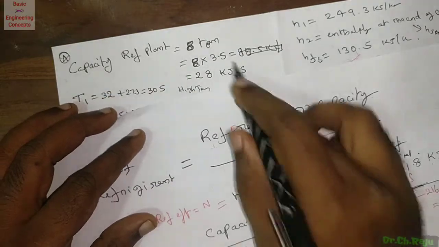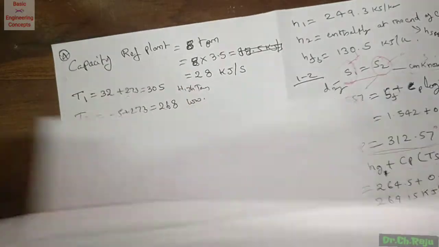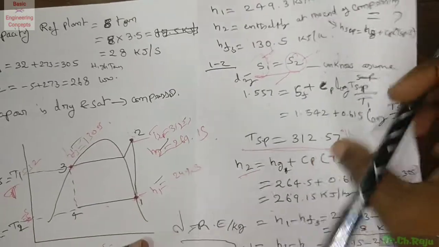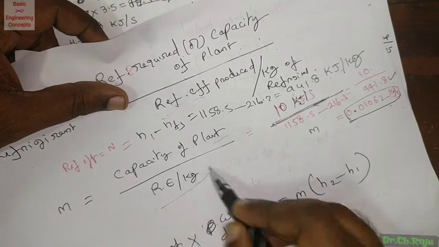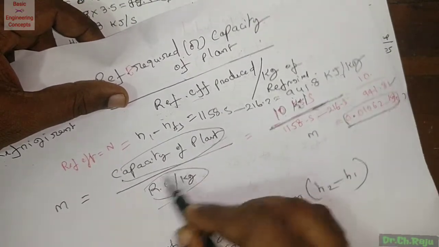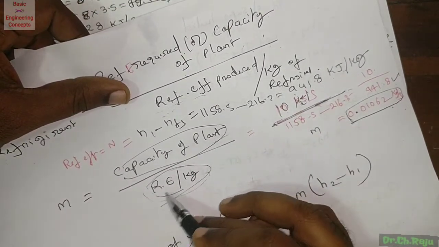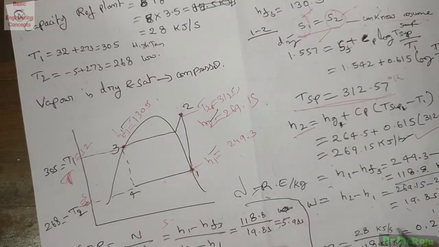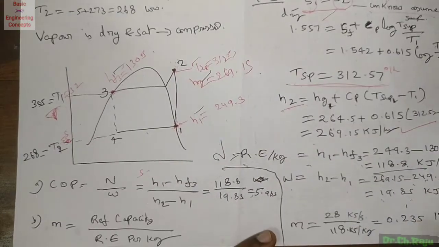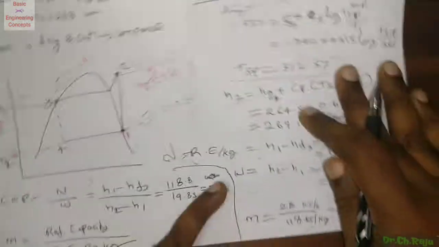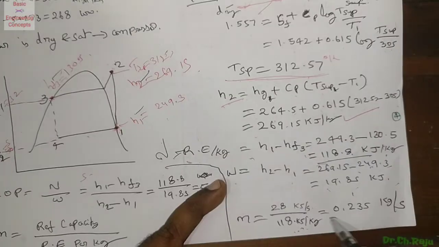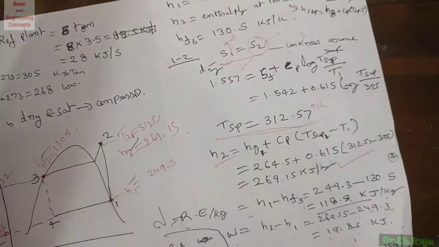The amount of heat to be removed is the net refrigerating effect per kg, so the refrigerating capacity divided by the refrigerating effect per kg, 118 kJ per kg. Then it is 0.235 kg per second.